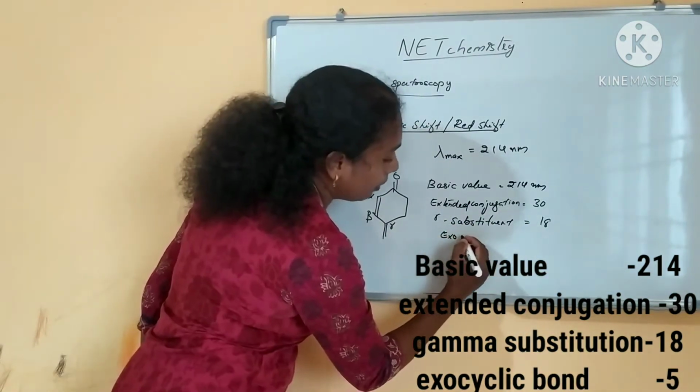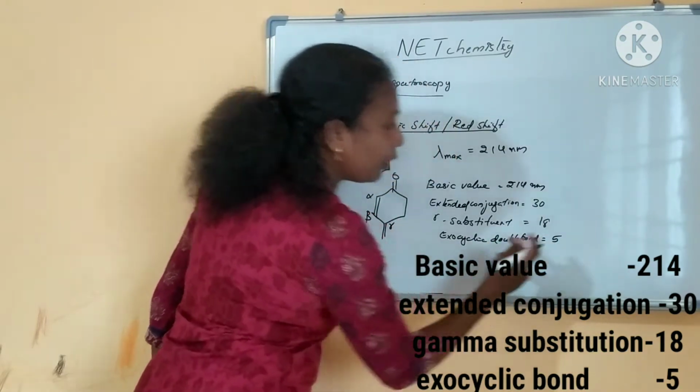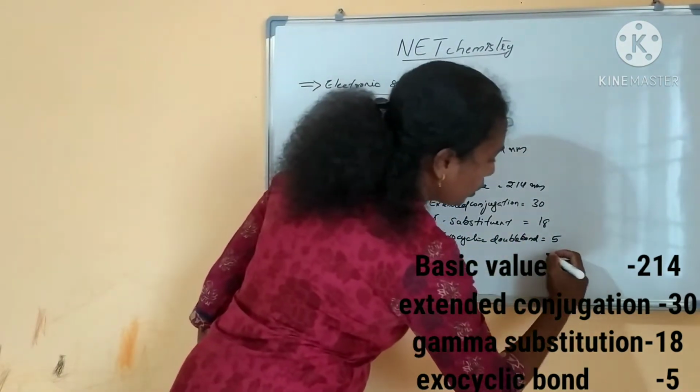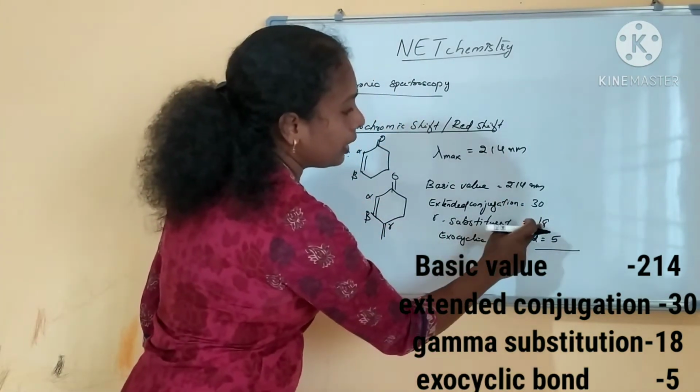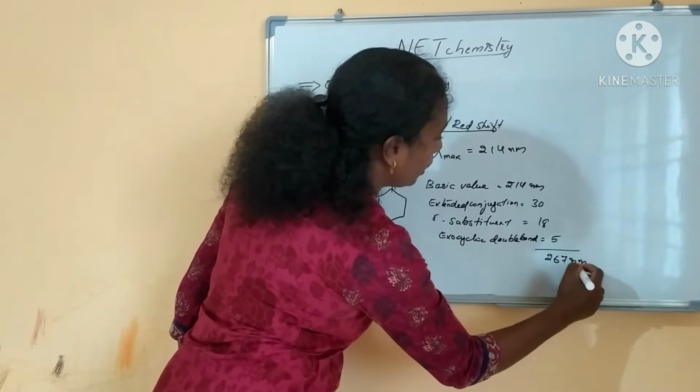The exocyclic double bond adds a value of 5. So in total, 214 plus 30 plus 18 plus 5, you get 267 nanometer.